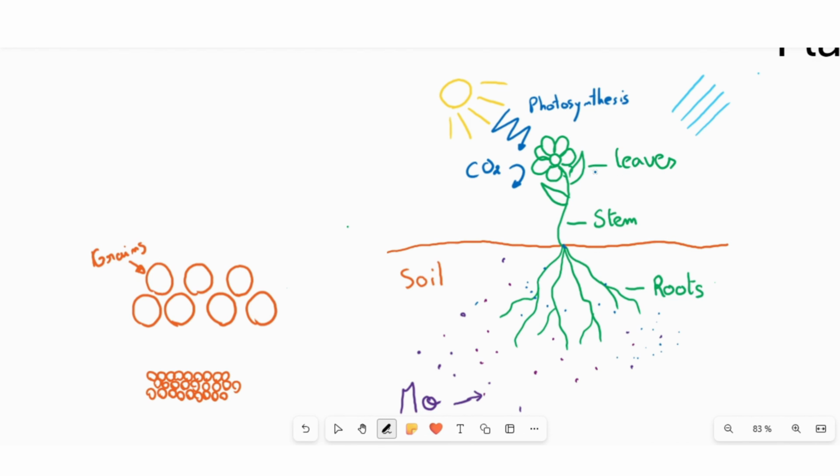Using these molecules, it builds structures like leaves and branches and flowers and fruits. Now, the plant has phytohormones, and at some time, the leaves are going to die, they're going to wilt, and they'll drop to the soil. In the soil, the microorganisms are going to degrade the leaves into organic matter.